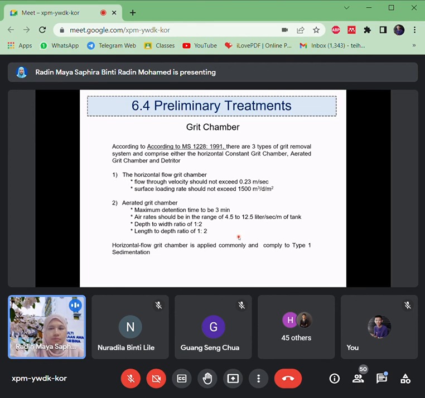The purpose of the grit chamber is what? To remove the grit.